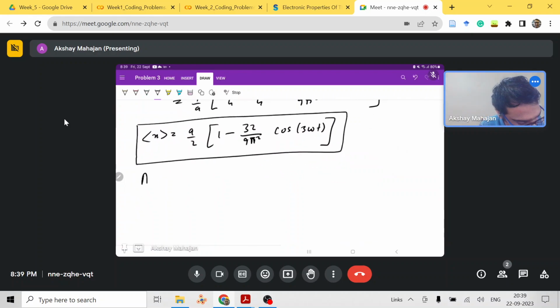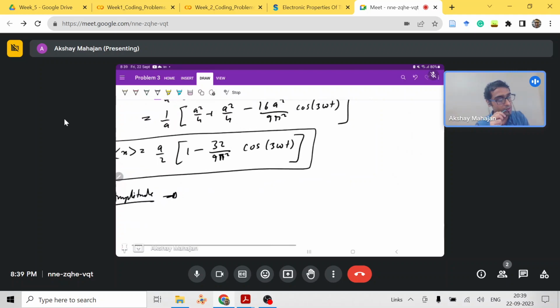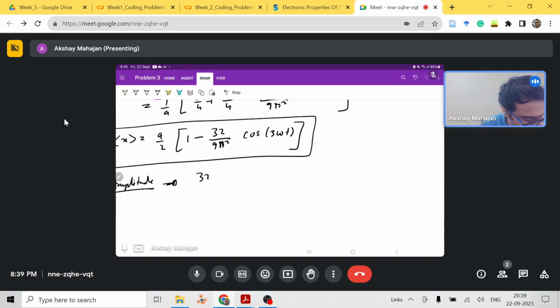Now the amplitude is the amplitude of the oscillating function, so it is not a by 2, it is with the frequency. So our amplitude is basically here 32 upon 9 pi square times a by 2. That is our amplitude, and that will be equal to 0.3603 times a by 2.